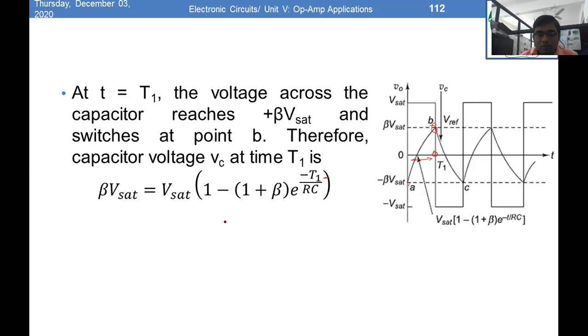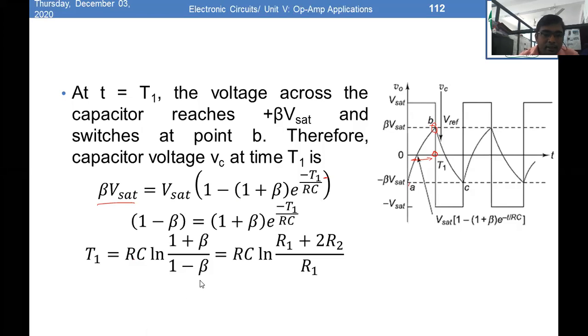We just substitute this value of Vc(t), and t is equal to T1, and Vset is taken common through the RHS. Vset cancels out on the LHS and RHS, and you can see it becomes 1 minus beta is equal to 1 plus beta e raised to the power minus T1 upon RC.